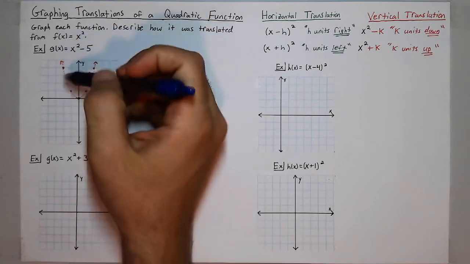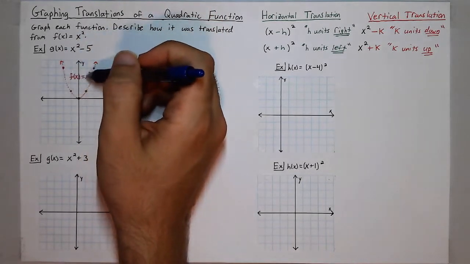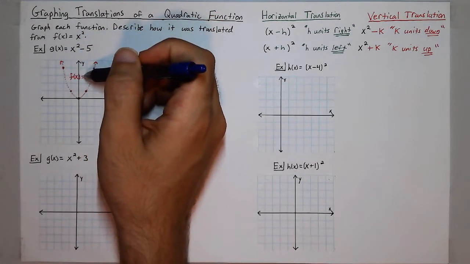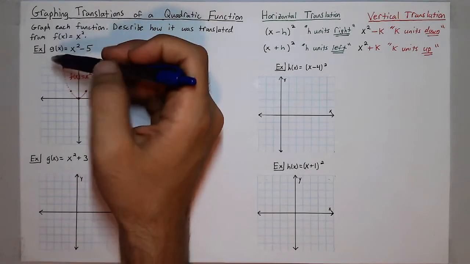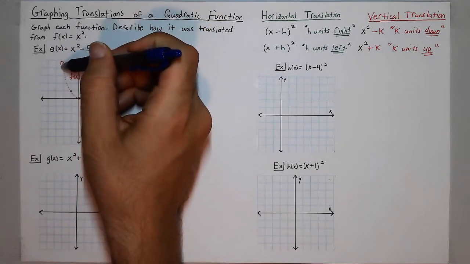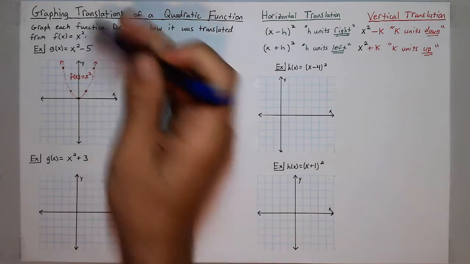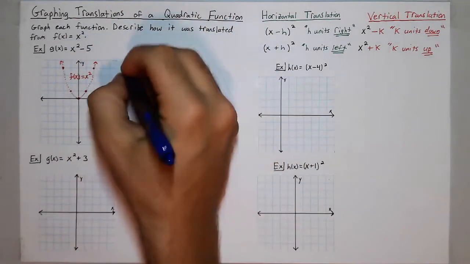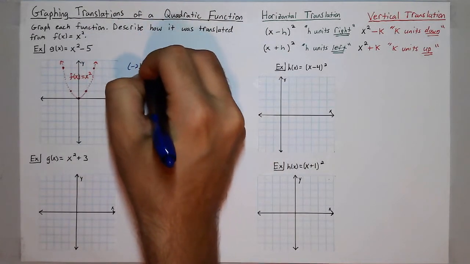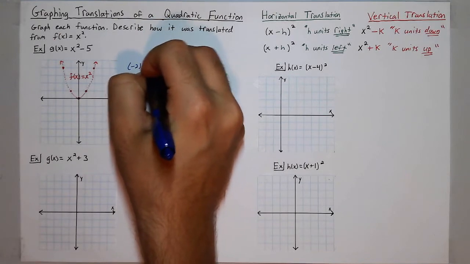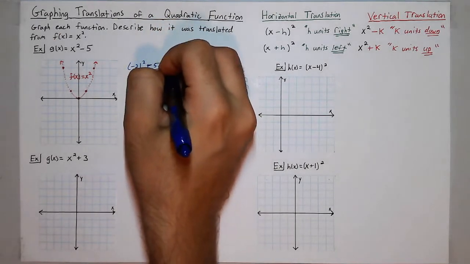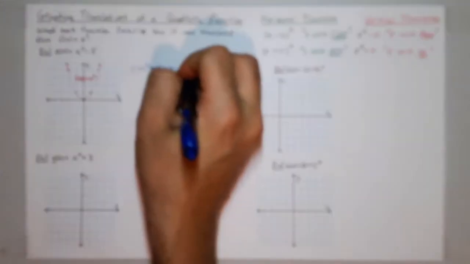So if I'm looking at -2 on the original f of x equals x squared function, it would be 4. But if I plug the -2 into this function, minus 5, I would get 4 minus 5, which would be -1.